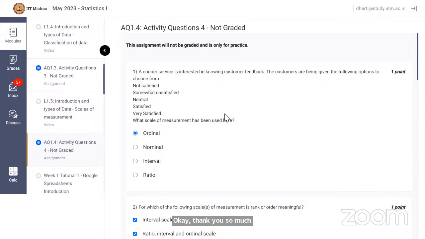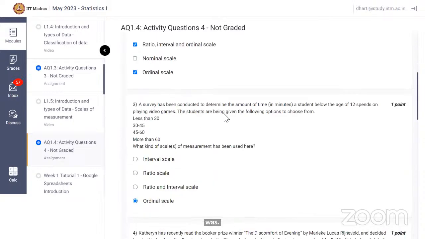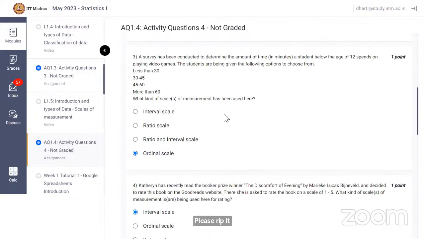So, 1.4. Someone has asked a question from here. I do not remember which question number it was. Please repeat. Ma'am, third question. A survey has been conducted to determine the amount of time a student below the age of 12 spends playing video games.